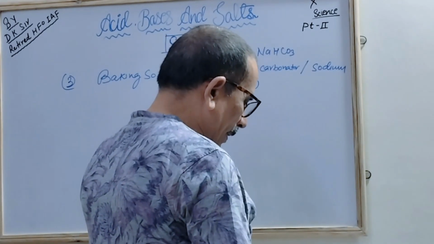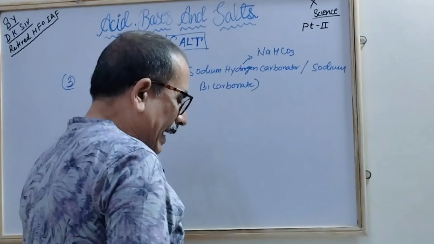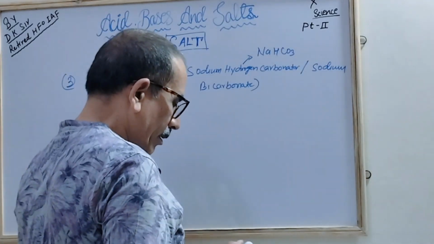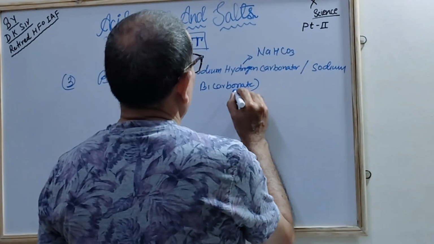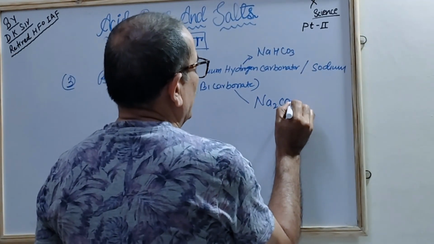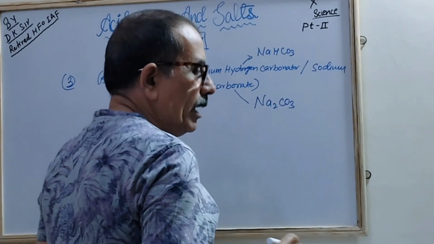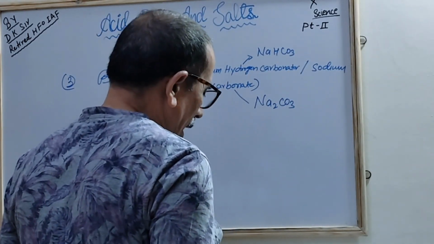How will you prepare it? You will take the NaCl. First I will write the Na2CO3 with the sodium bicarbonate, correct? How to produce this? The production of baking soda, how to go ahead?